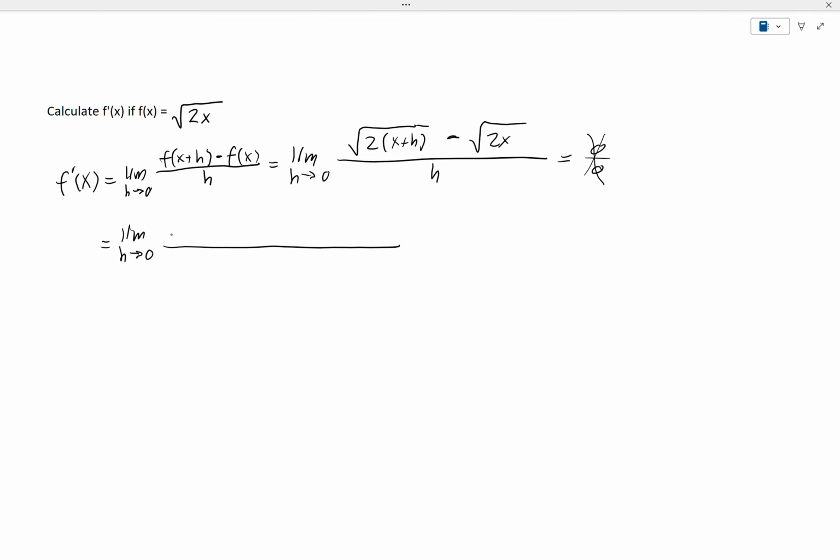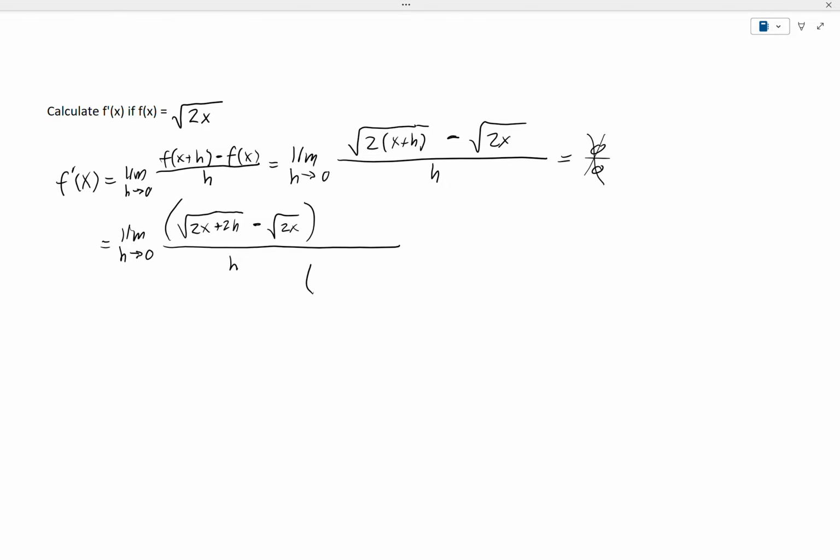So in the numerator here, we have root of 2. I'm going to distribute that to 2x plus 2h minus root of 2x. In the denominator, we have h. So now I'm going to multiply on the top and bottom by the conjugate of this mess involving the roots.